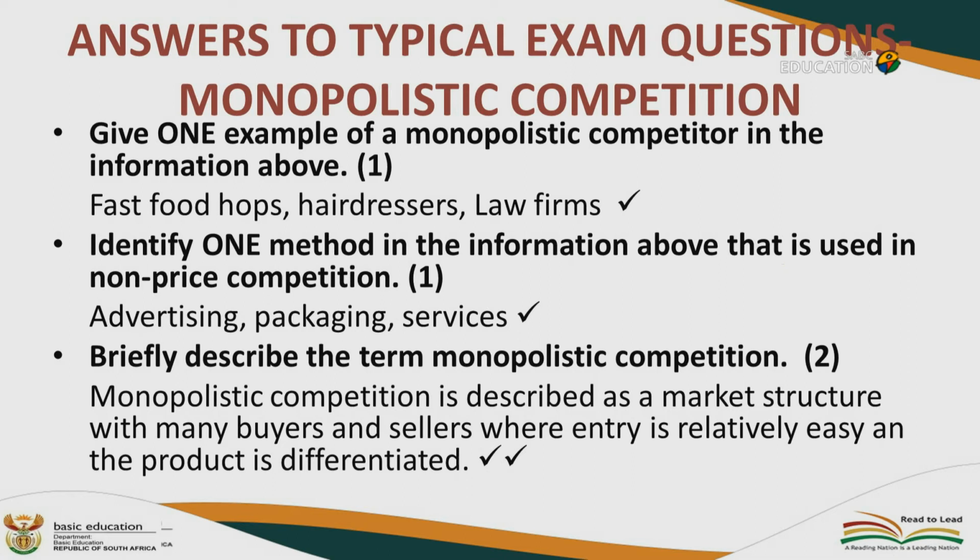The firm is not reducing the price here. It's using other strategies to attract what? Customers. Briefly describe the term monopolistic competition. It is described as a market structure with many buyers and sellers where entry is relatively easy and the product is differentiated.